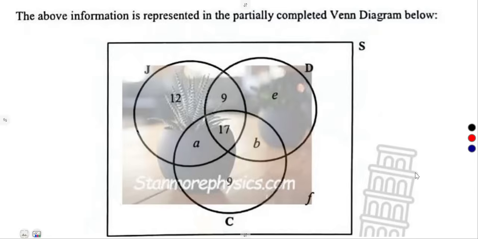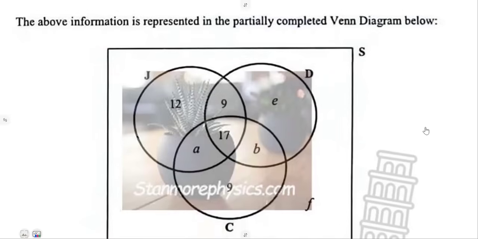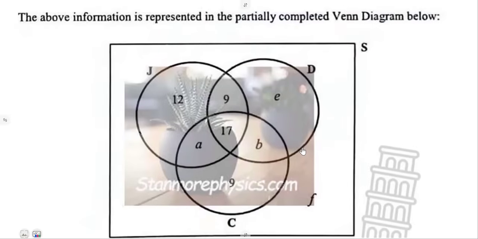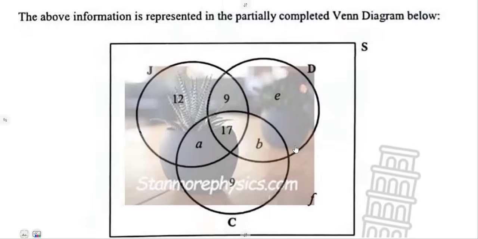In this case, we can see that some of the values are given on our Venn diagram, and some are not. So let's figure it out.